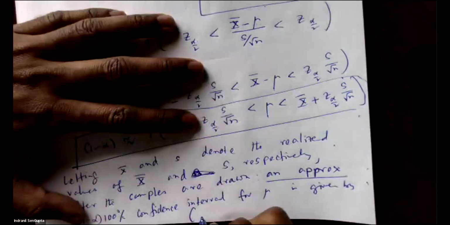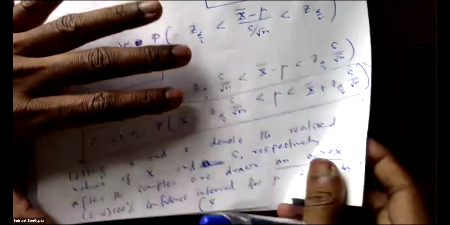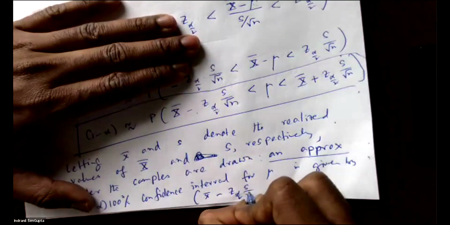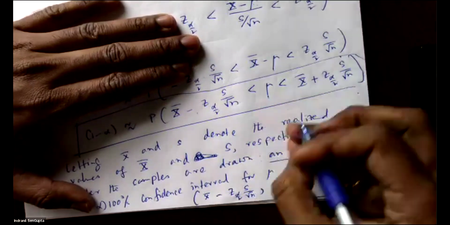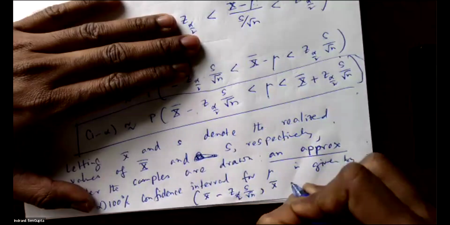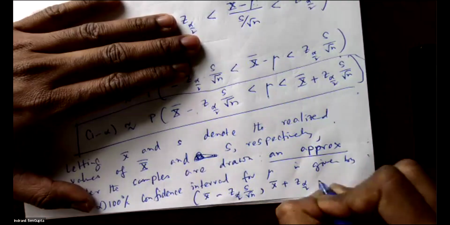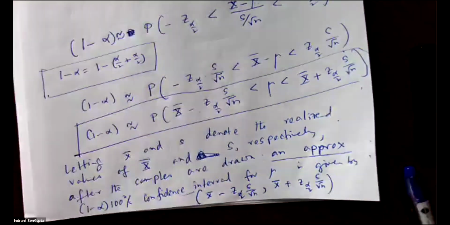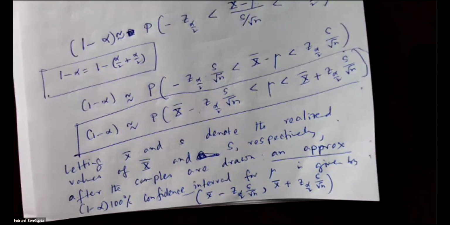It's X bar minus Z of alpha over 2 S over square root of N to X bar plus Z of alpha over 2 S over square root of N. That's the answer. That's an approximate 1 minus alpha confidence interval.